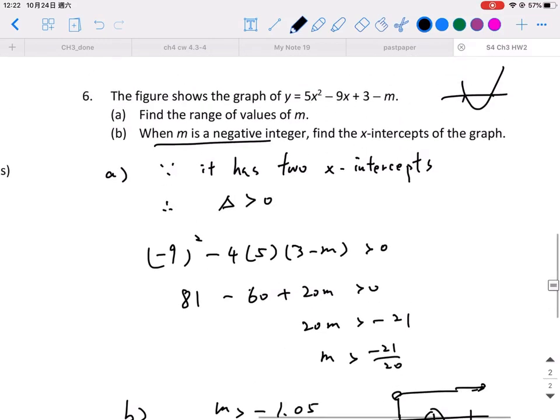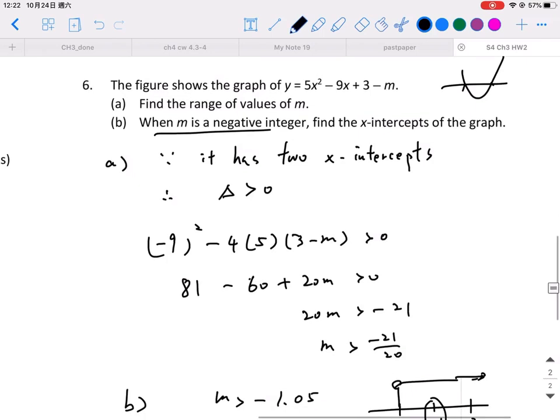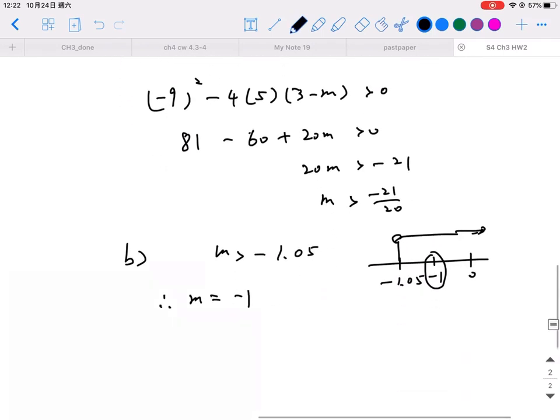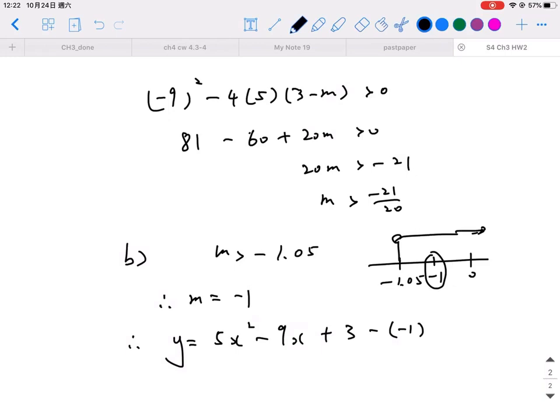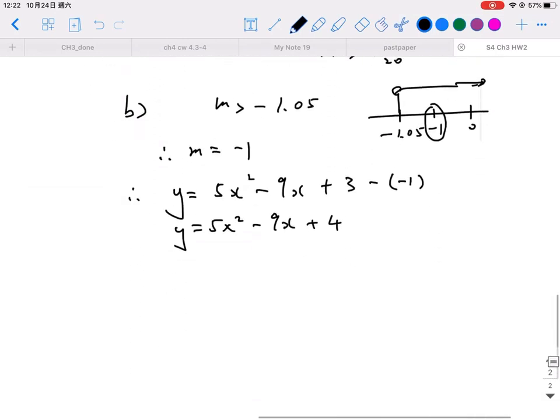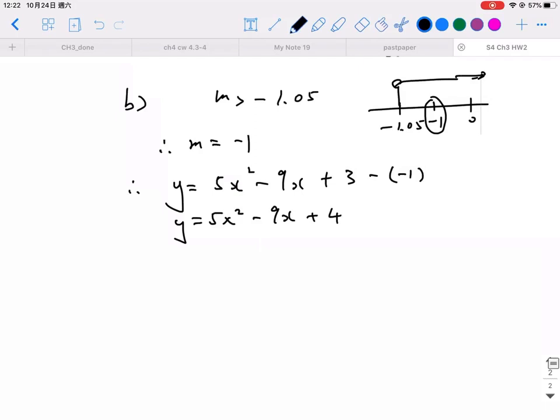Okay, so therefore I substitute m is equal to negative 1 into the equation. So y is equal to 5x squared minus 9x plus 3 minus m. So m is negative 1, which is equal to 5x squared minus 9x plus 4, right? Okay, so if I want to find x-intercept, so substitute y equals 0 again.